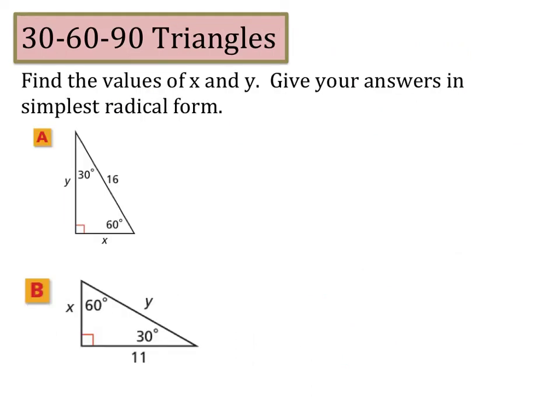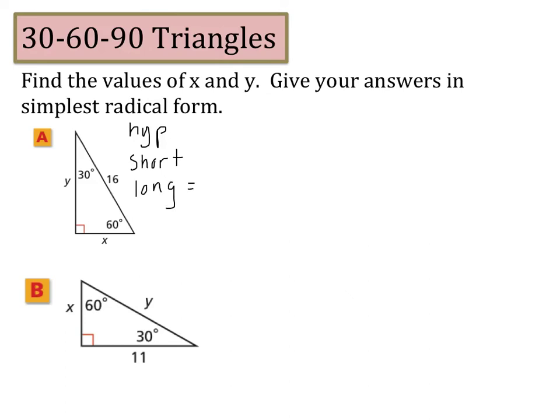So let's use the information from the 30, 60, 90 triangle theorem to find the values of x and y. We want to give our answers in simplest radical form. Okay, for part A, let's see what we know. We know using the 30, 60, 90 triangle theorem we can figure out the hypotenuse, the short leg, and the long leg.